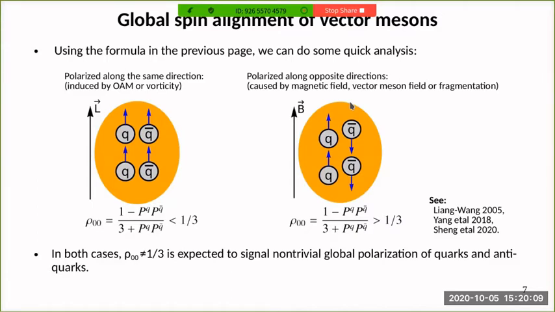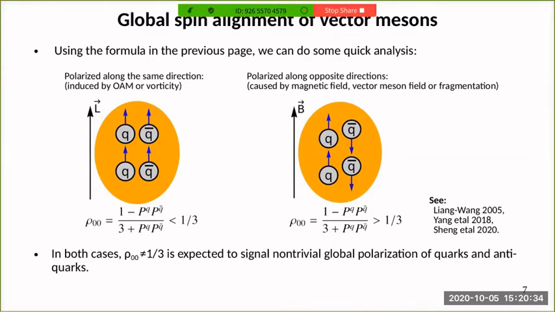So in this case, quarks and anti-quarks are polarized along opposite directions. Then according to this equation, rho 0,0 will be larger than 1/3. But in both cases, rho 0,0 is not equal to 1/3. That is expected to signal the non-trivial global polarization of quarks and anti-quarks.